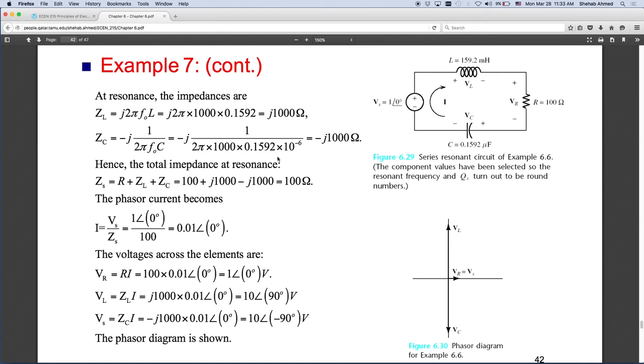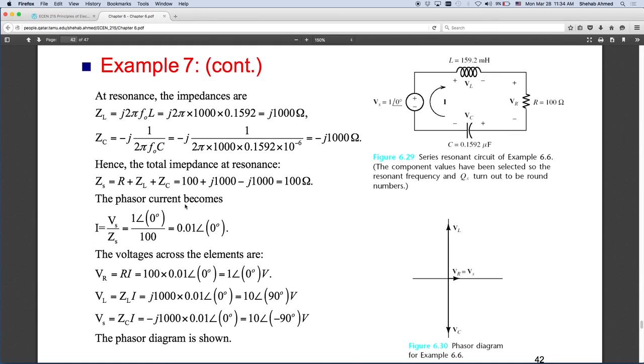These impedances have values, it's just that the values are equal and opposite at the resonance frequency. So the sum of the R, L, and C impedances makes these two vanish, and the total impedance at resonance is only the 100 ohm resistance. So we will calculate the current.